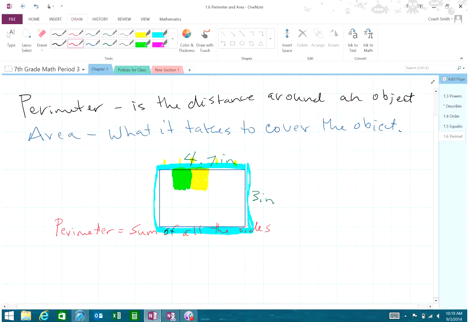What does the word sum mean? S-U-M. What does the word sum mean? Zach? Okay, an answer to an addition problem or an addition problem, either way you want to say it. But sum means we're going to add.